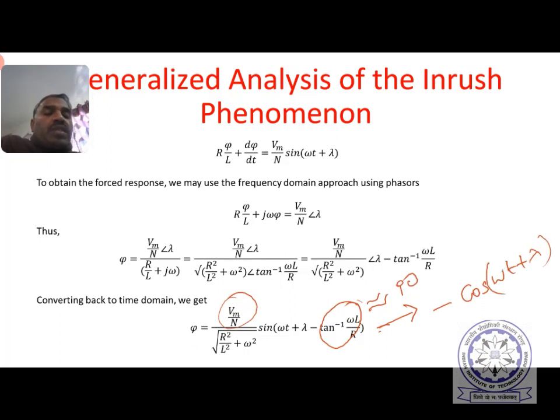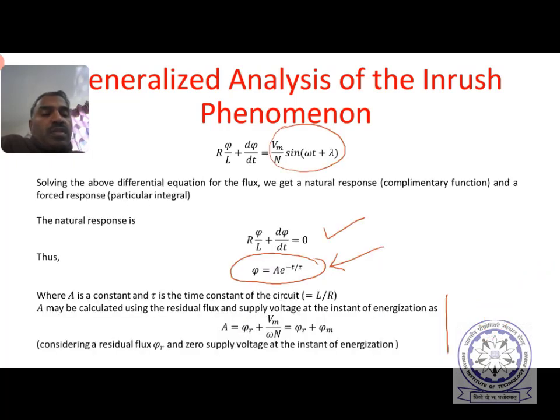Okay, so that's how it will end up. Of course, this maximum term will be there here. Even the resistance portion is neglected compared to the inductance. Then this becomes Vm by ωN, same.